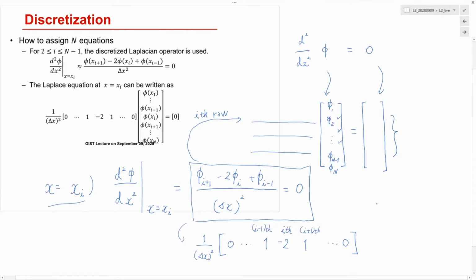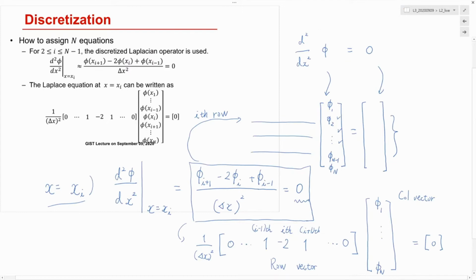Of course, this is not enough; we also have phi 1 to phi n. Then this row vector and column vector multiplication gives you just a scalar, and that scalar is 0 only due to the Laplace equation.